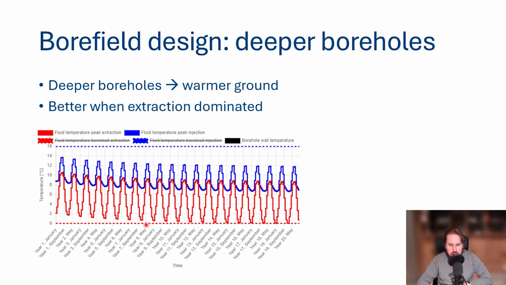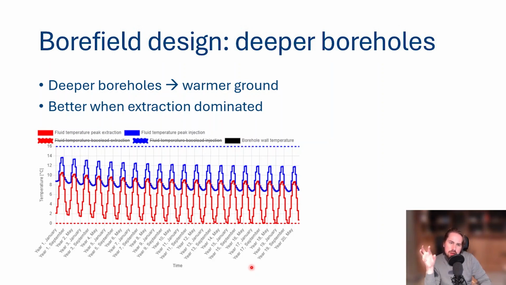So when we have a problem with our minimum temperature on the long term, if we have a higher initial ground temperature, higher undisturbed ground temperature, our lines will actually shift up, making it better to cope with the imbalance. It's not so much that you cope with it, because the curve of your line will not change, but you will shift the lines up, making the borefield more affordable in the end.